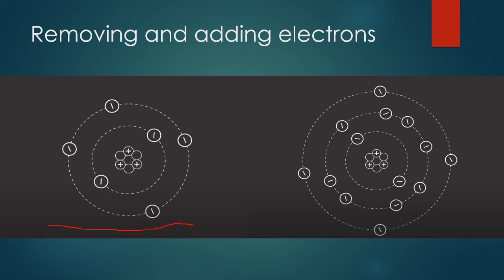Adding electrons forces the atom to create another orbital, as you can see here, and so long as this orbital isn't full, the electrons have more space to move around and hop from atom to atom, as you can see in this picture.